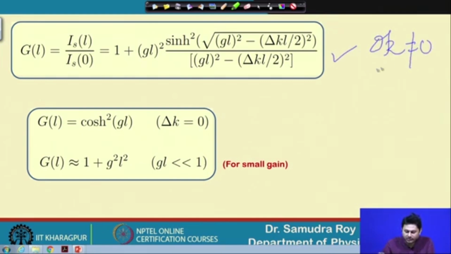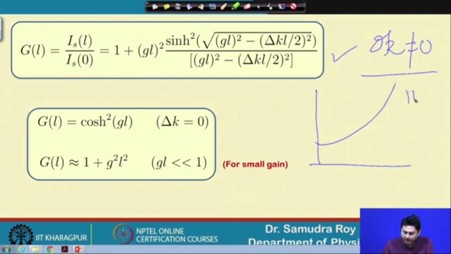This is the most realistic case that we have, and if I plot these things, it will be interesting to show how this plot looks under delta k. If delta k equal to 0, we know that it is going to increase, and it will increase like this for the signal.